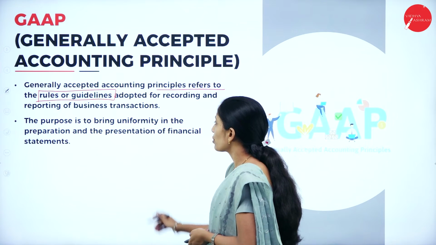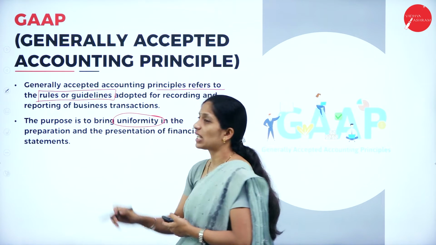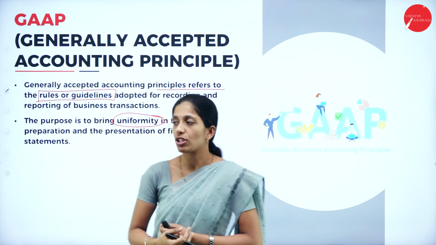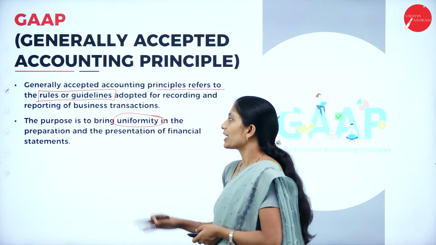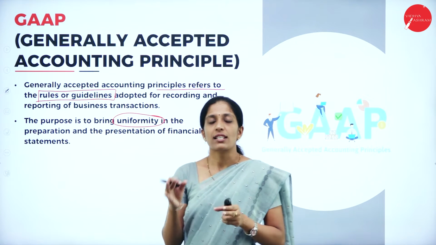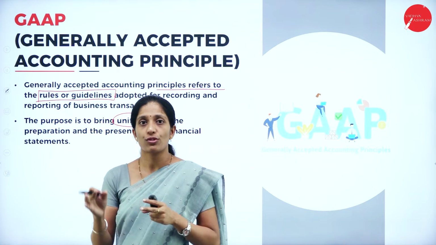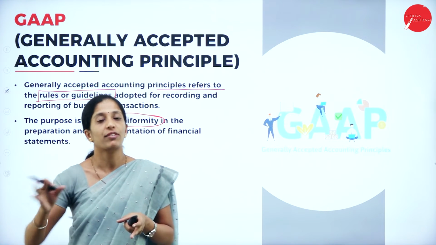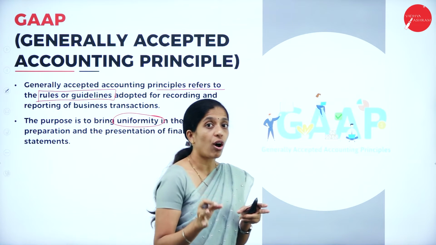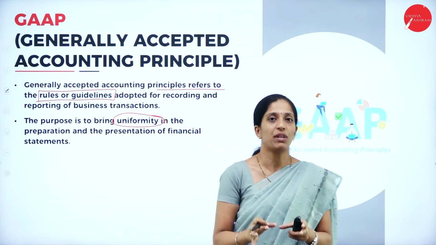The purpose is to bring uniformity. Of course, the main intention is to bring uniformity in the accounting information, that is, uniformity in the preparation as well as presentation of the financial statements. As I told you, if an organization wants to compare its results with those of another organization, it has to make sure that both organizations are following the same principles.